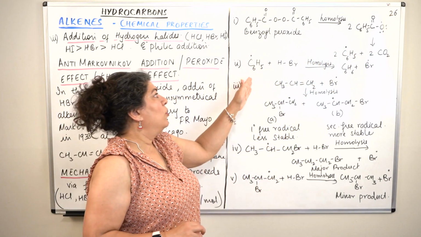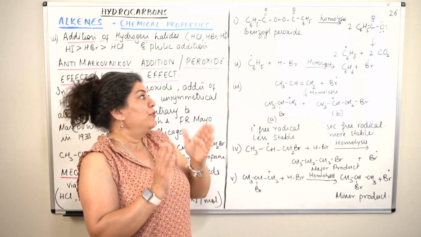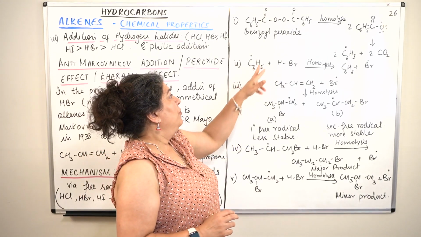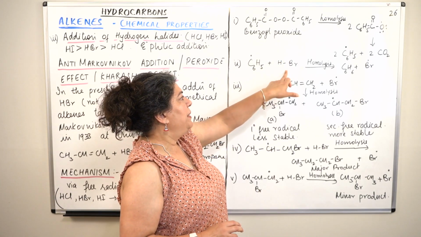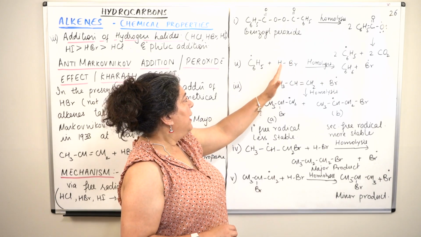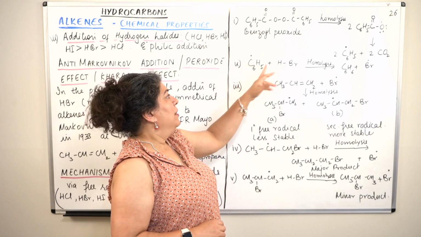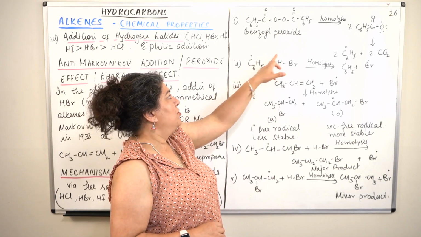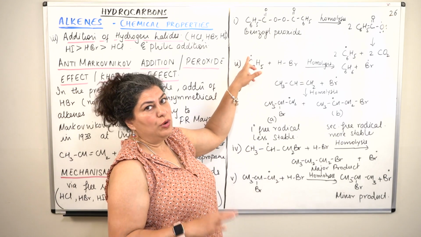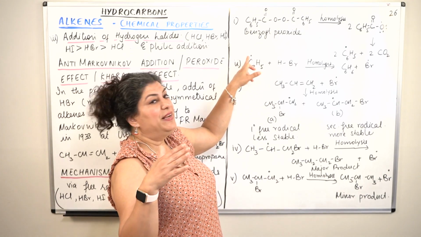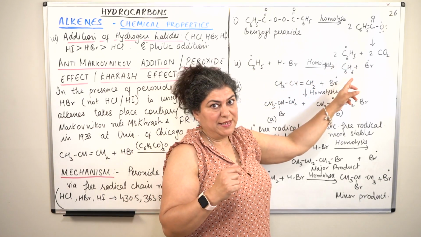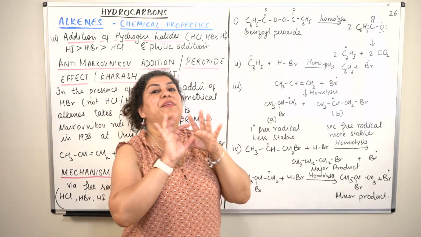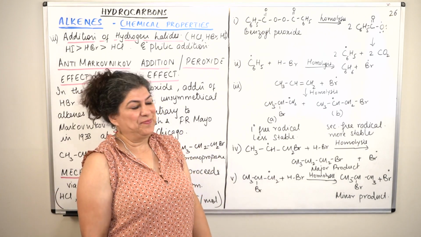This free radical causes the homolytic cleavage of HBr, so H gets its electron, Br gets its electron. Hydrogen joins with its electron and C6H5 with a separate free electron. Both of them bond together to form C6H6, that is benzene, and bromine free radical is released.